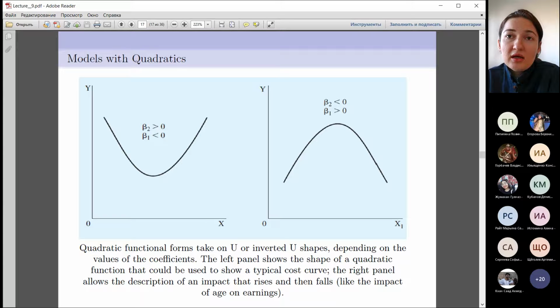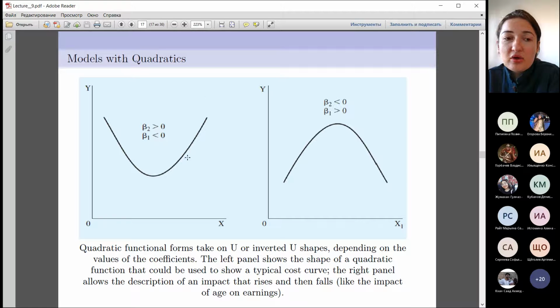For example, if we include age squared in your model, then till some age you can assume that your wage will increase, and after some age you can assume that the wage will decrease.